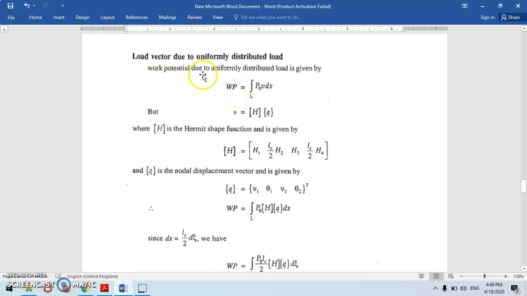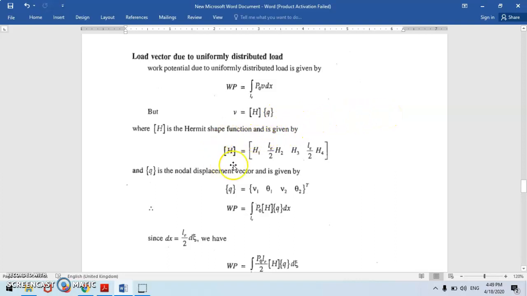Work potential due to uniformly distributed load is given by Wp equals integration of P naught V dx, where P naught is the uniformly distributed load and V is the displacement in y direction. V is equal to H into q, where H is the Hermite shape function and q is the displacement vector.